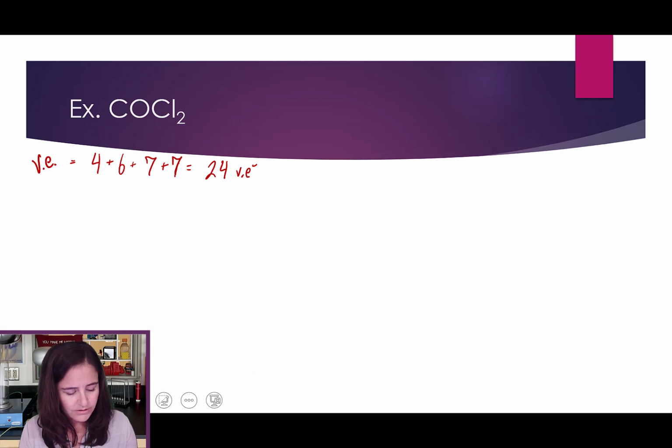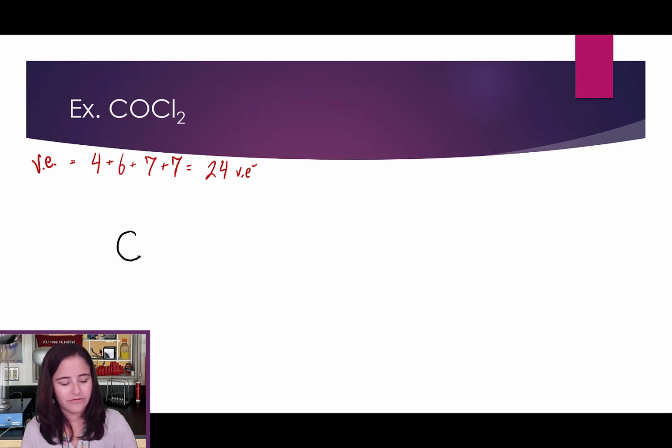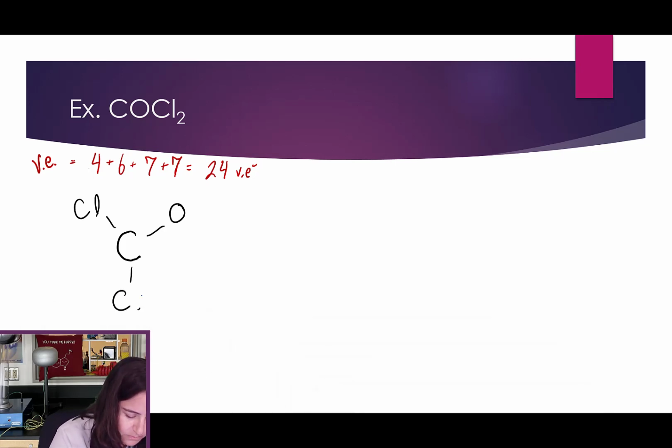So first, we put our carbon in the middle, since it's the first element in the formula. We're going to start by connecting the rest of them with single bonds. So I'll go oxygen and chlorine and chlorine. Okay, so there's 6 electrons. I have 24 to place.